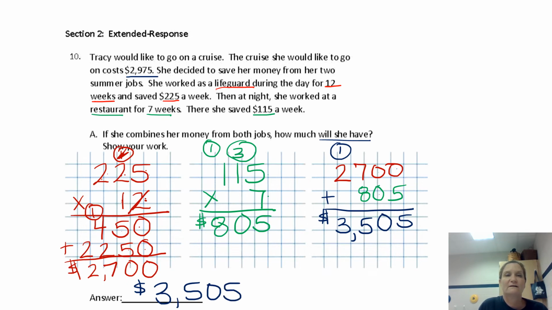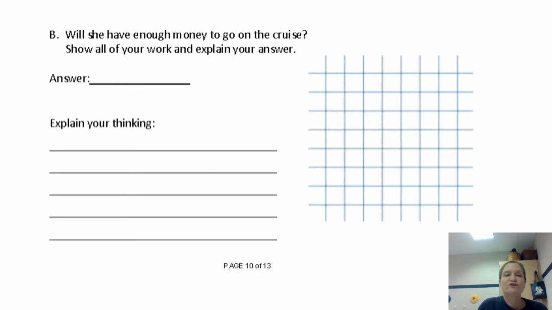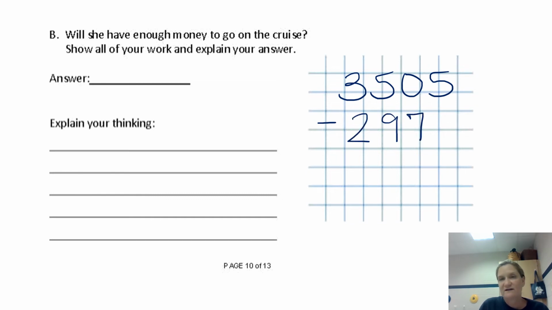Moving on. B, will she have enough money to go on the cruise? Show all of your work and explain your answer. The cruise costs $2,975. She has $3,505, so we're going to subtract $2,975.